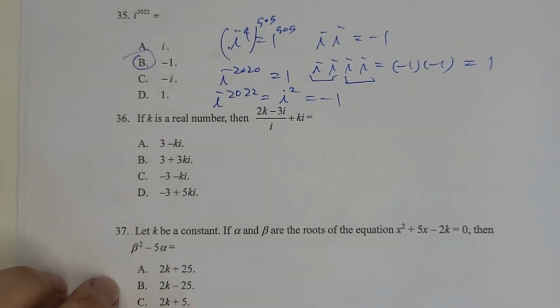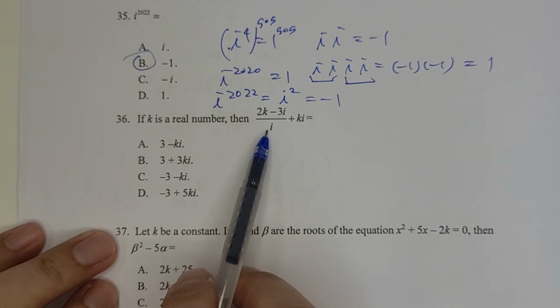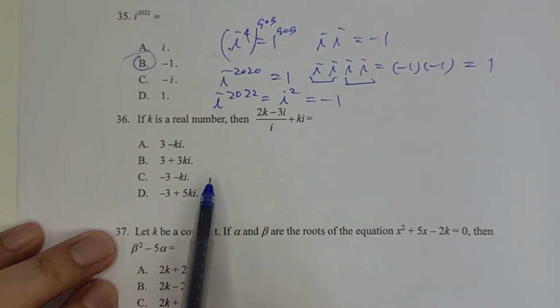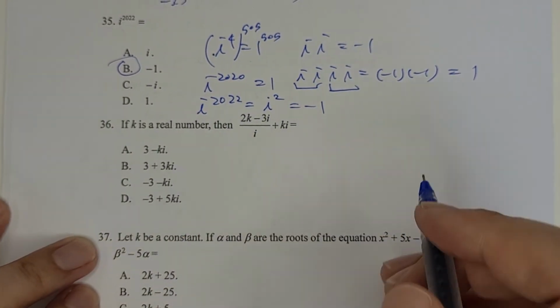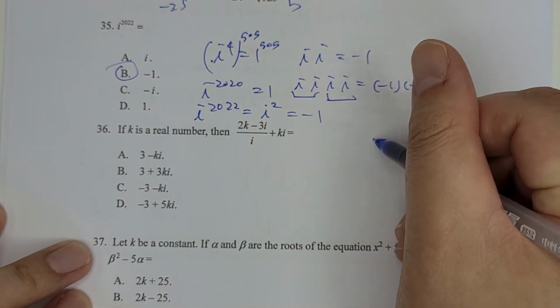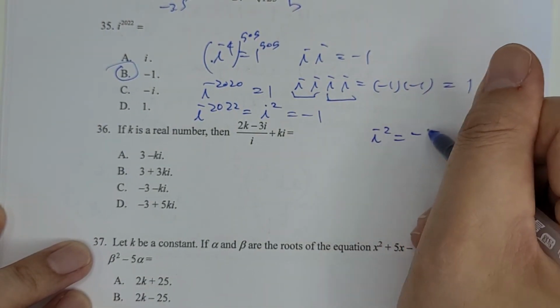And question number 36, k is a real number, then this one could be simplified as which one, okay? Here, that's a trick. As we know that i squared equals negative 1, right?